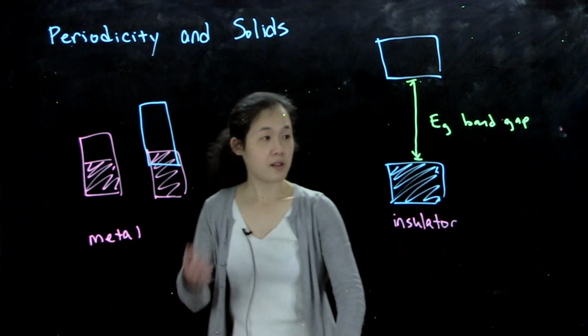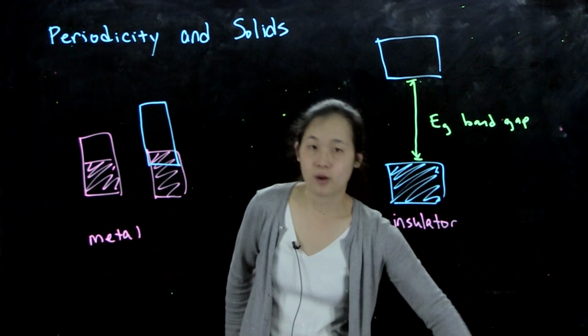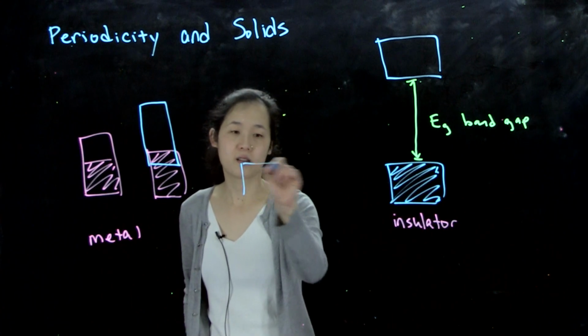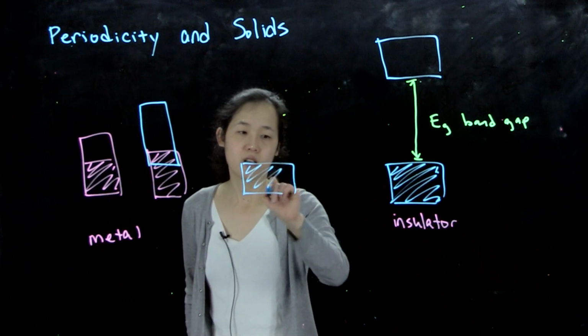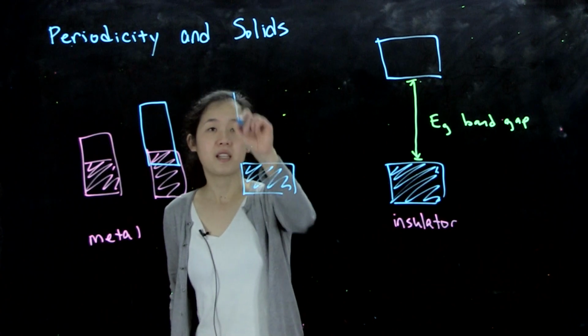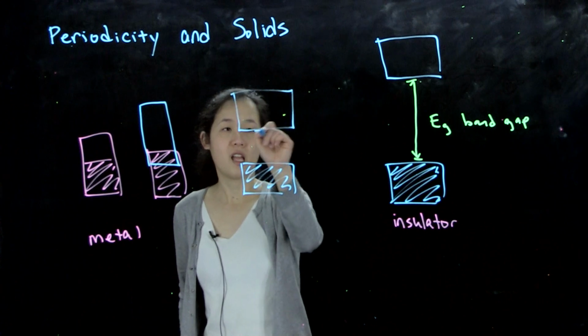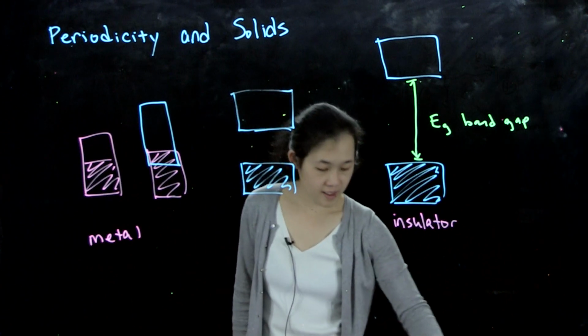And then in the middle, we have situations where you still have a filled band, and this band gap might be smaller and may be accessible with heat or light.